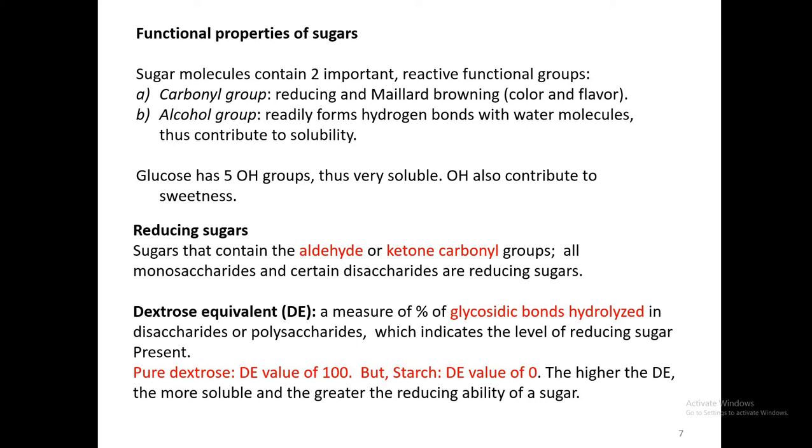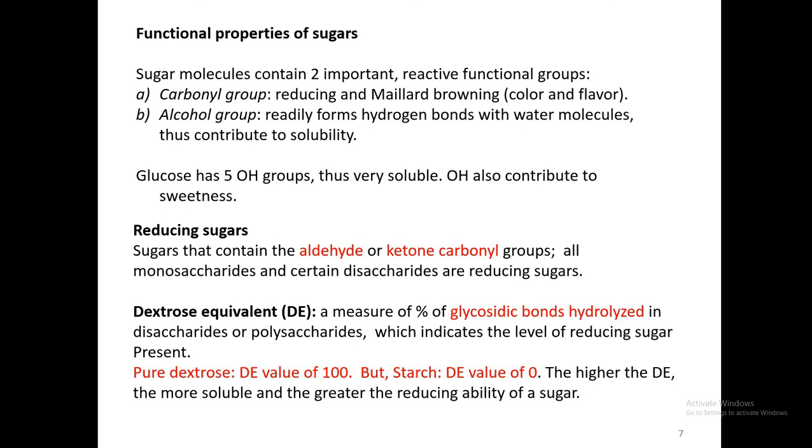Alcohol groups readily forms hydrogen bonds with water molecules, therefore contributing to solubility. We know sugar is very soluble because of these alcohol groups. Glucose has 5 OH groups, therefore very soluble. OH also contribute to sweetness.